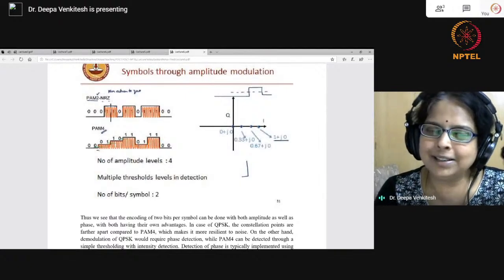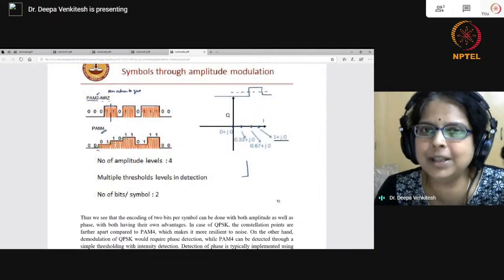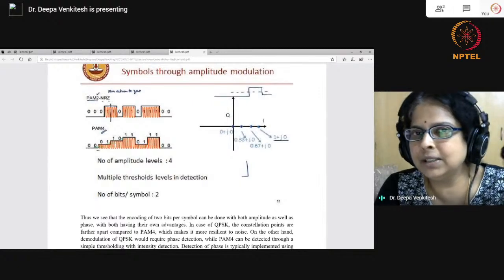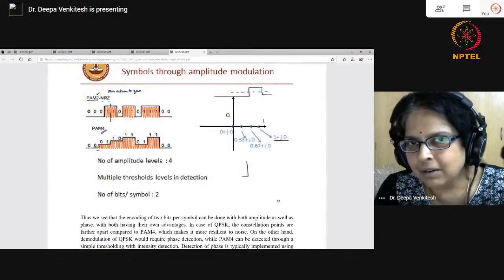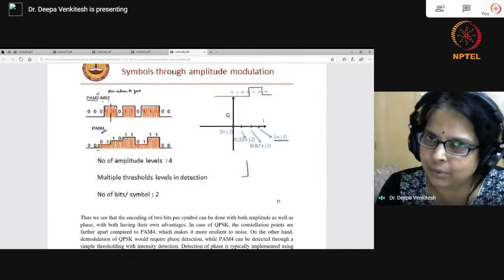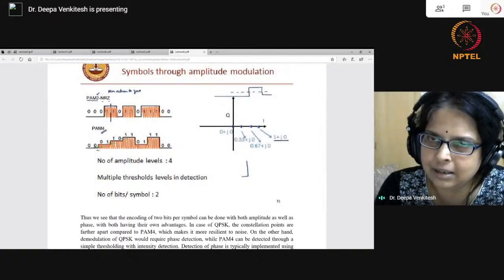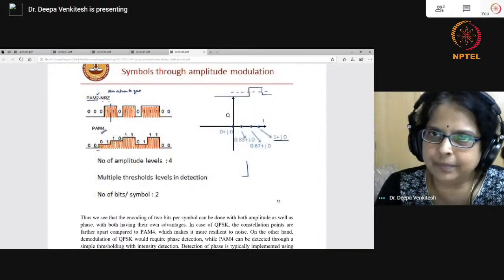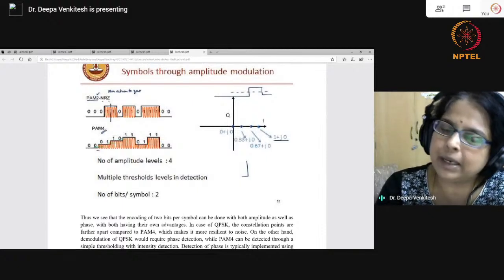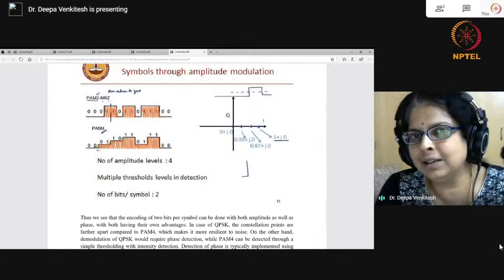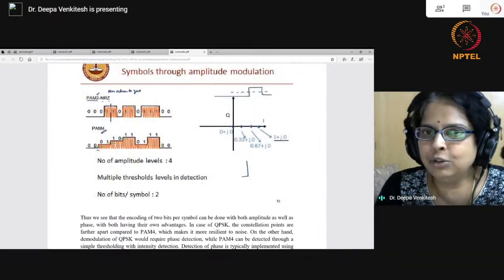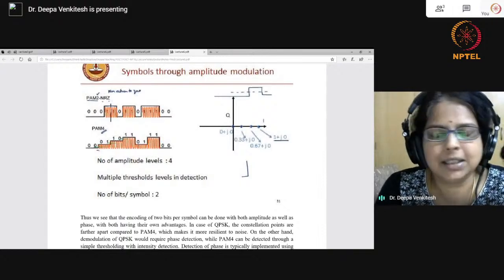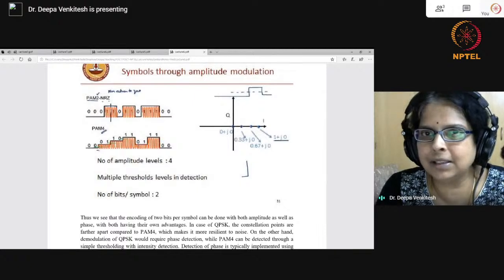The way communication links are designed is you ask yourself: what is the data rate to be supported, what are the link distances you want to handle, and what are the error rates that are acceptable. Then you pick a transmitter, you pick a receiver, and you choose the wavelengths such that these conditions are met. There's nothing called a universally perfect design.